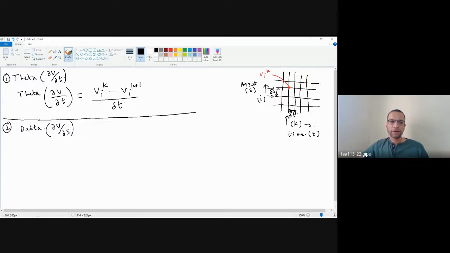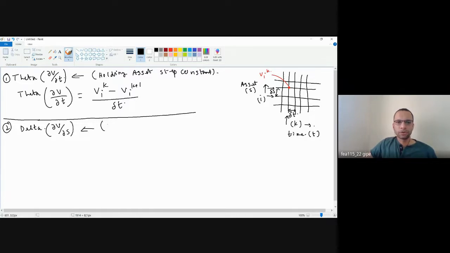Only thing is here we are trying to assess the impact along the asset axis and not the time axis. We'll be holding the time constant here. In theta, we hold the asset step constant. So I'll just write it here. And this one will be holding time constant.